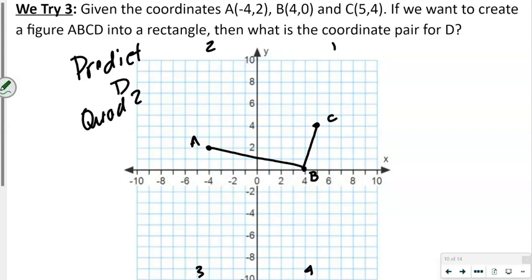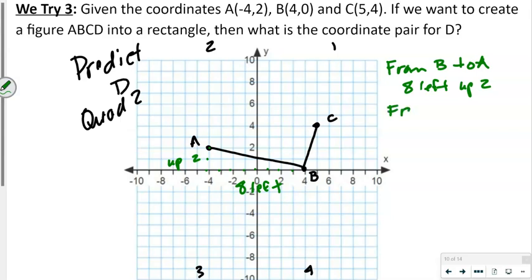So what I want you guys to do is just look at from B to A. So from B to A, we're going to count 1, 2, 3, 4, 5, 6, 7, 8. 8 left, right? Isn't that what we did? 8 left. And then we're going up 1, 2, right? So up 2.